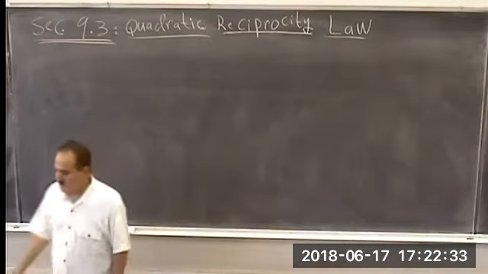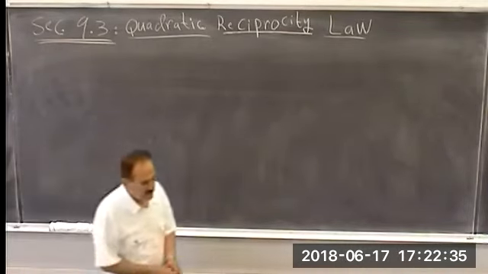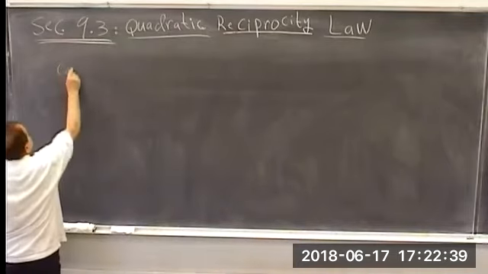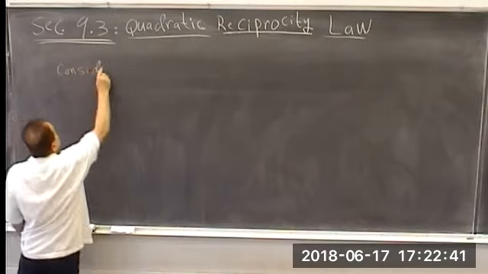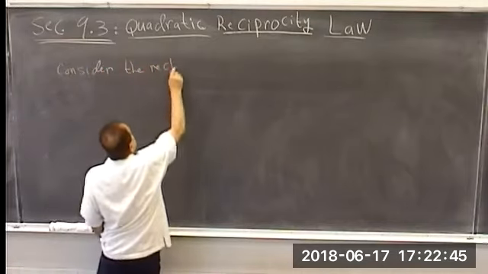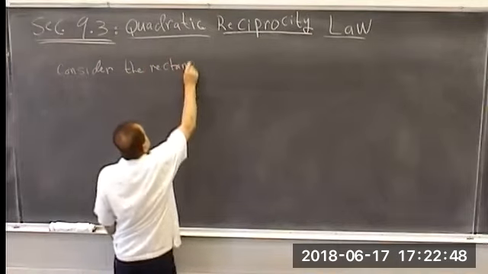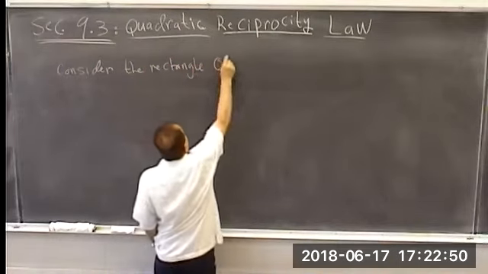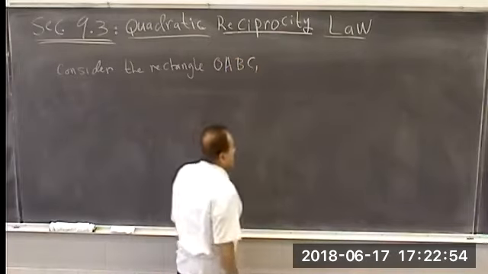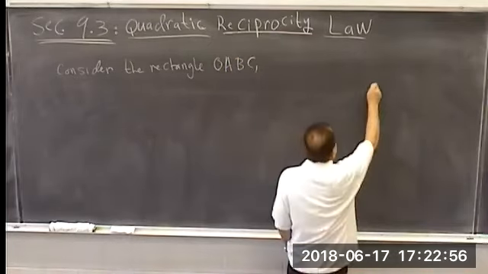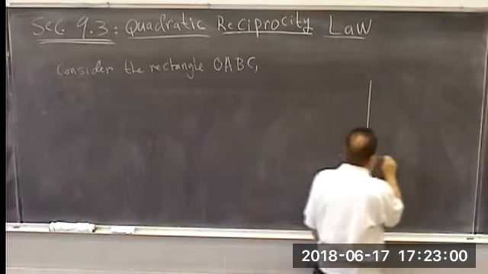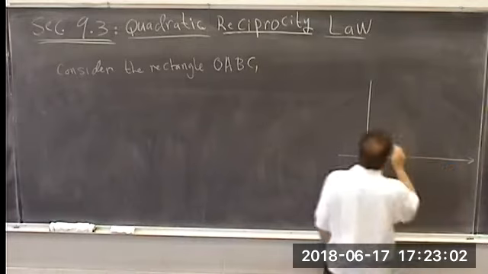Such points are lattice points. So we're going to consider the rectangle OABC. Let me put the rectangle in here, and this way we can label its vertices.